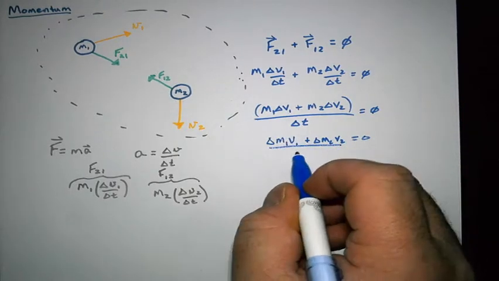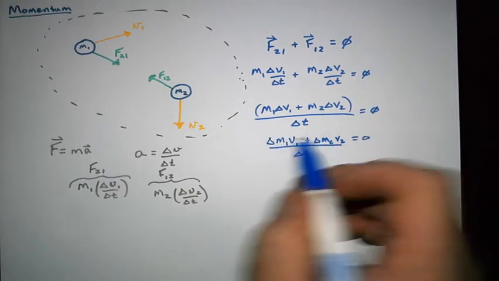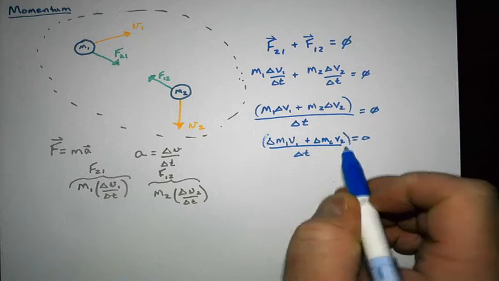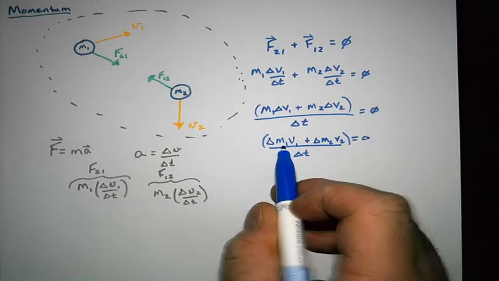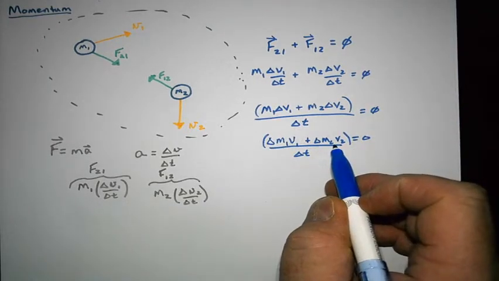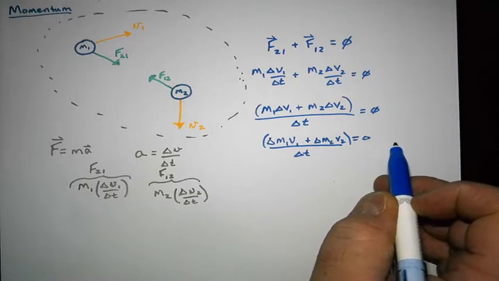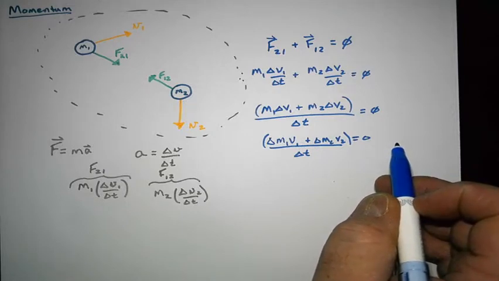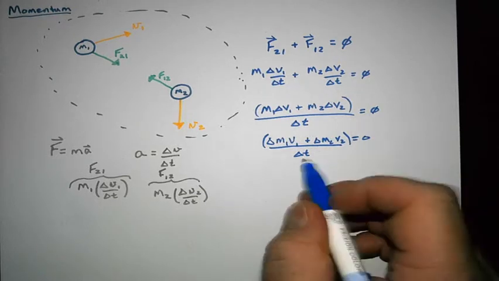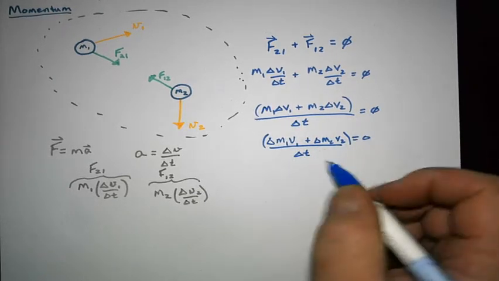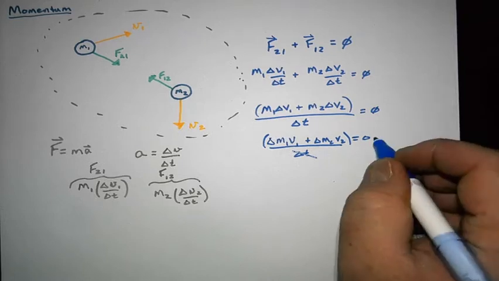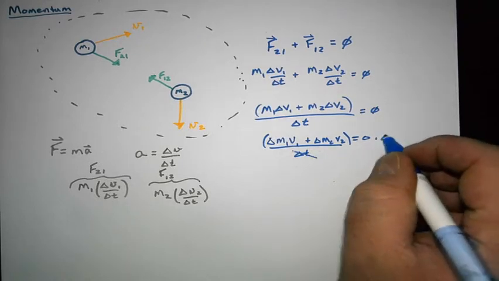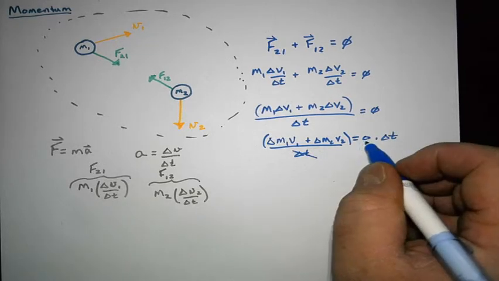divided by delta T. This right here, the change in this value plus the change in this value is going to equal 0, right? Because the delta T, we could just multiply the delta T over. So we're going to go and then times delta T, and that'll become 0. Yeah?